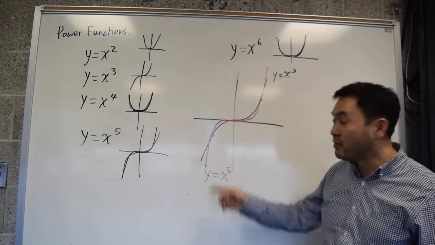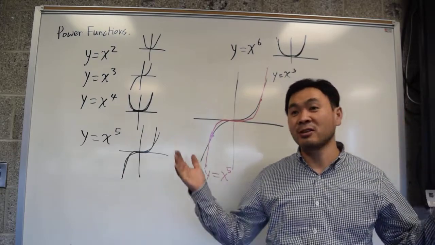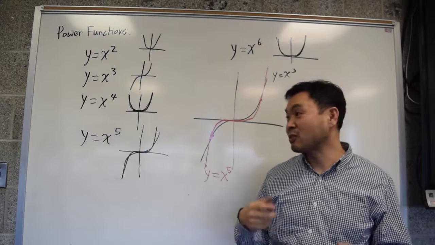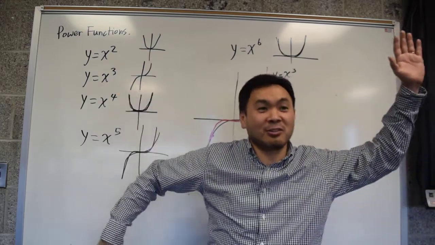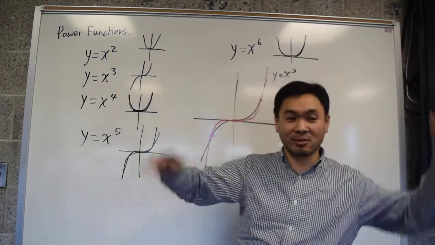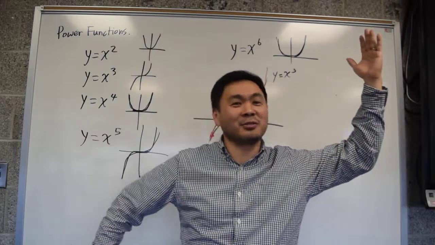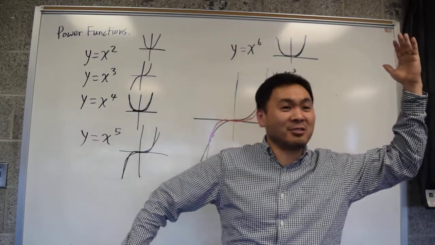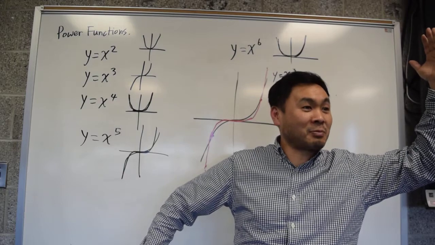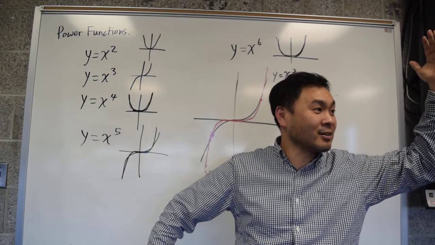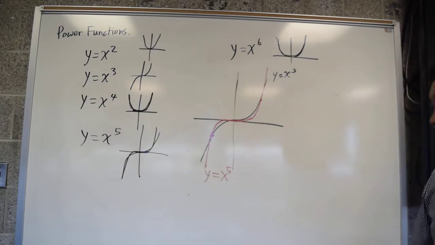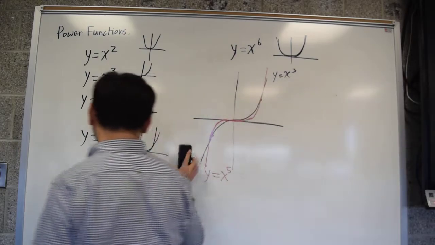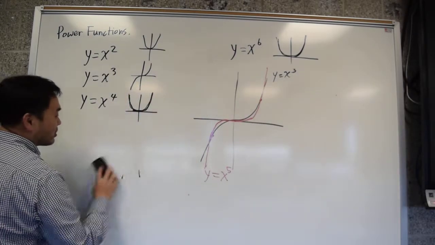And the behavior of these functions can again be expressed by these hand signs. Like this will be the, it's this one, yeah. So this is the odd power function, right? Get it? Okay. Now, once you figure these out, then we're going to put numbers in front.